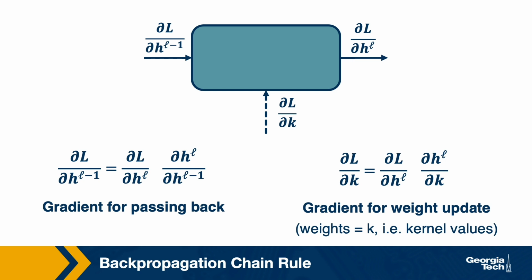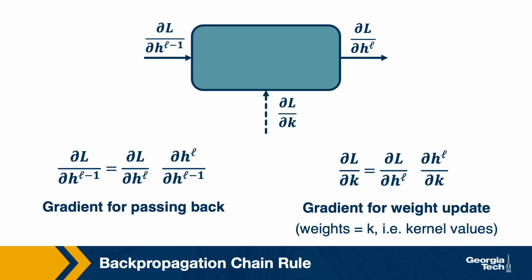And we'll again want to perform these various calculations. We want to compute the partial derivative of the loss with respect to our input, H of L minus 1. And we'll want to compute the partial derivative of the loss with respect to our weights, that is the kernel values, in order to update them. And we'll want to do this based on the upstream gradient that we're given from whatever module exists after this one. That is the partial derivative of the loss with respect to our output.